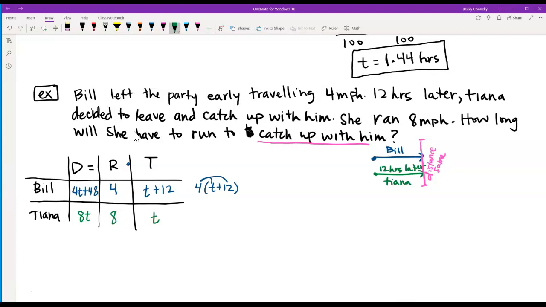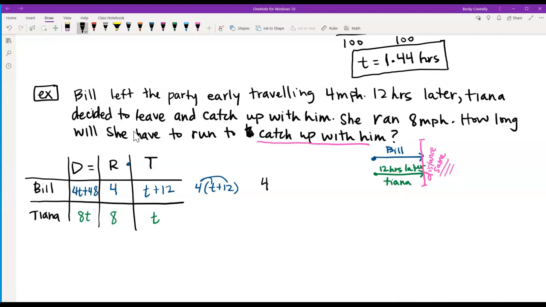So this whole idea of the same distance is what you've got to be able to see on this. That's why I think drawing a little picture is helpful. If I want the distance to be the same, then I'm going to set the distances equal to each other. So instead of this plus this equals a number, because I don't know what that number is, I'm just setting them equal to each other.